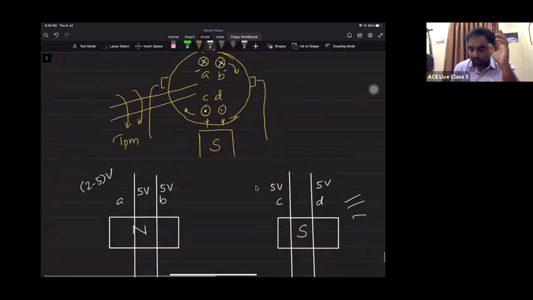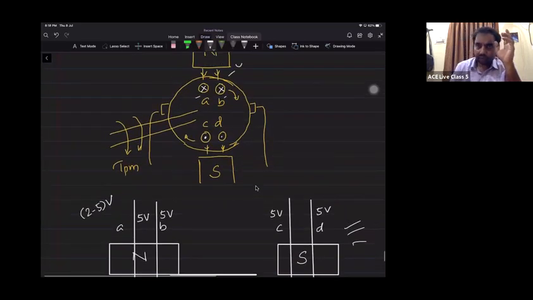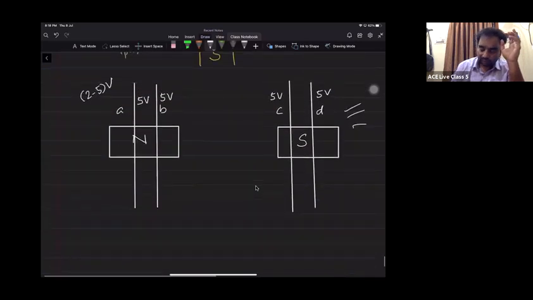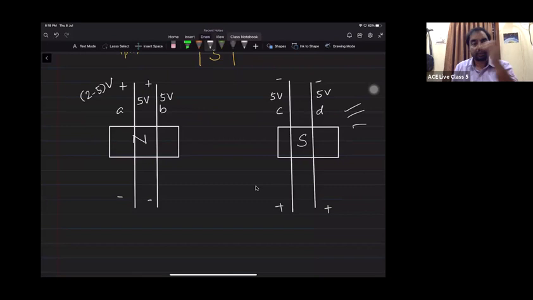Then, if you observe here, the conductors which are under north pole are having polarities plus minus, and here minus plus, minus plus, like this. But if you take any generator, it will be having a voltage of 230 volts.